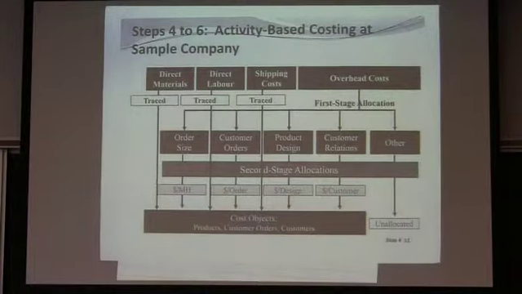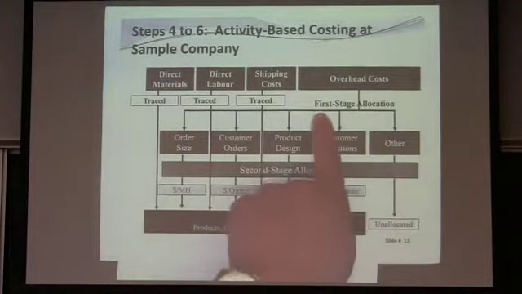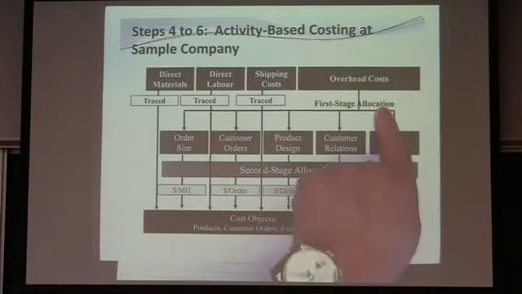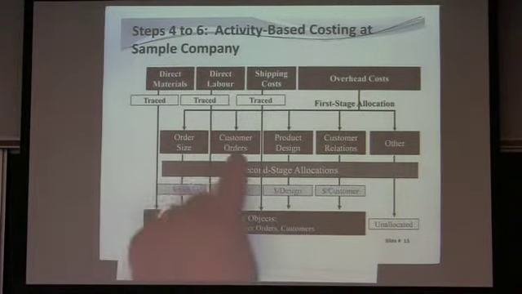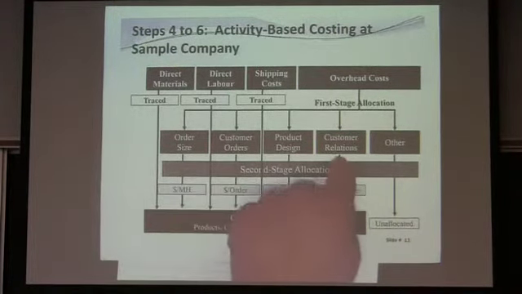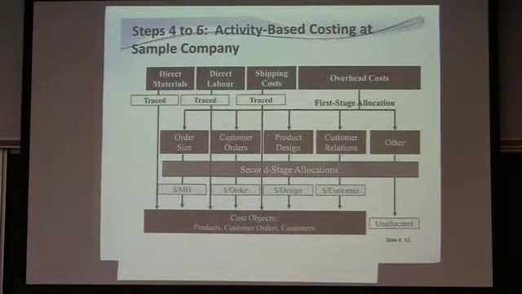What we do is we take that cost and we do what we call the first stage allocation under ABC. We're going to take that overhead cost and look at what activities, and that's your first level of allocation. So different activities such as order size, customer orders, product design, customer relations, those are the activities in this particular example.